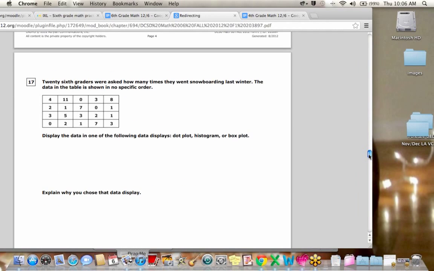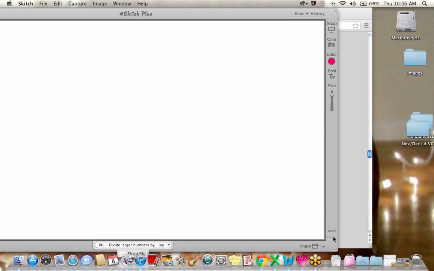All right. So we had 26 graders who were asked how many times they went snowboarding. And then here's the data. I think making a line plot is easiest. I'll show you how I did this. Okay, so there was 1, 2, 3, 4 times snowboarding, 6 times, 7 times, 8 times, 9 times, 10, and 11.